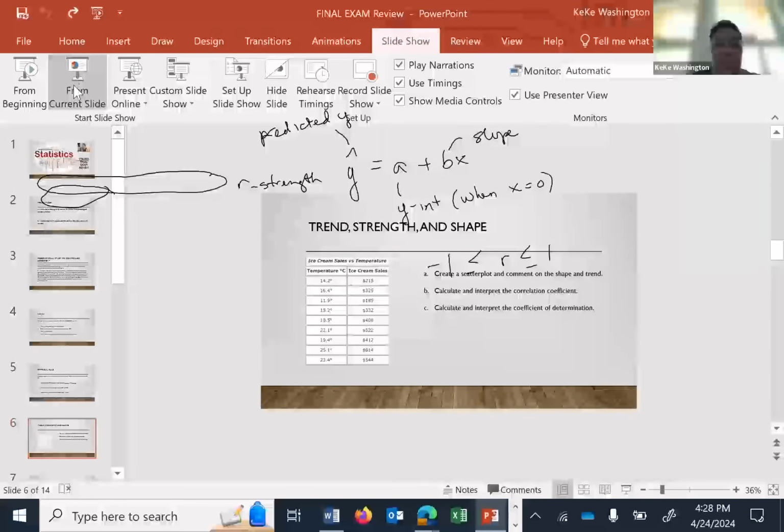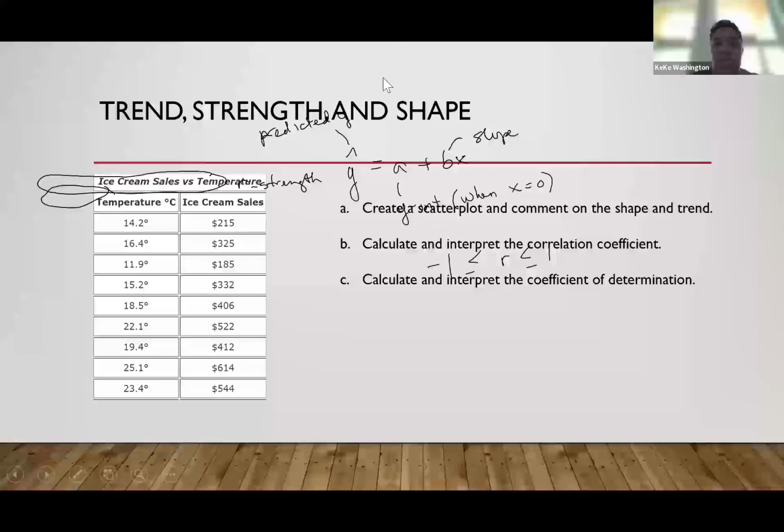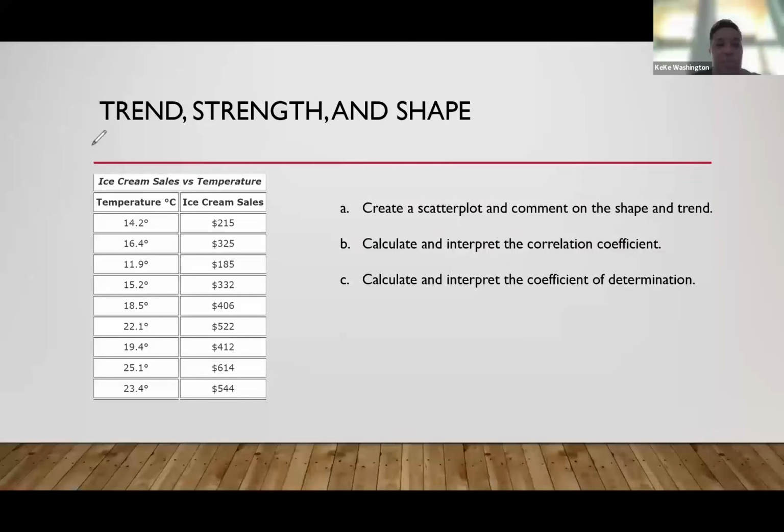Okay. So in our interpretation, let's clear our drawings.